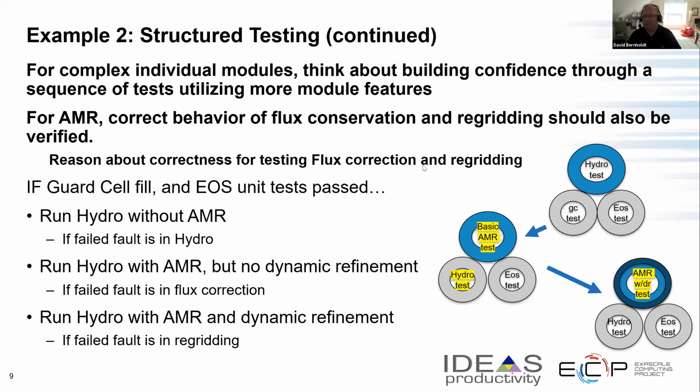So let's start with the tests that we had before, and now we've gained some confidence in the Hydro module. So instead of the basic regular grid, let's swap in the AMR, but let's turn off all the fancy features of AMR. So it's really just a basic grid.